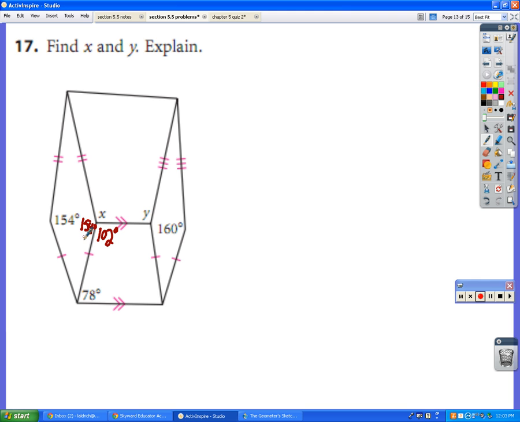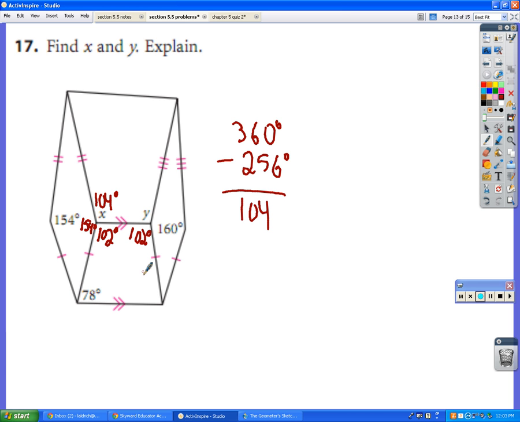Okay, so those add up to 256. Altogether, those will make 360. So if I subtract that from 360, I will get 104 for X. And the bottom row are the same. If this is 102, then this is also 102.